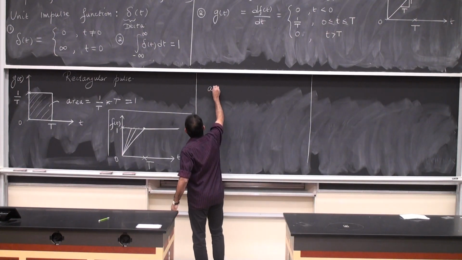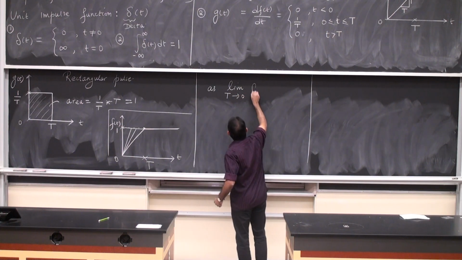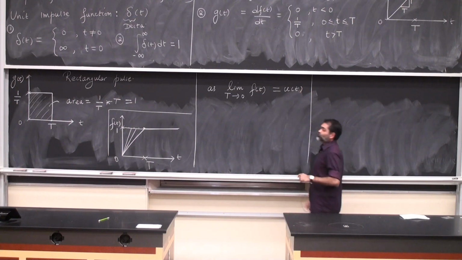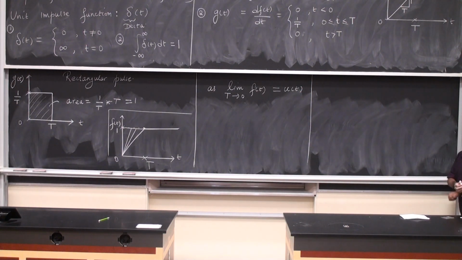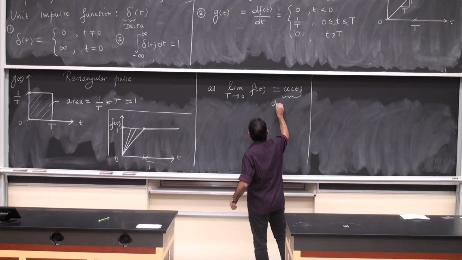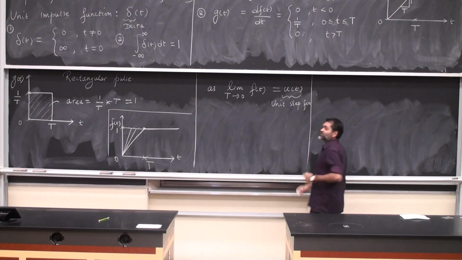So as the limit T tends to 0, f of t gives me a function u of t, which is your unit step function.